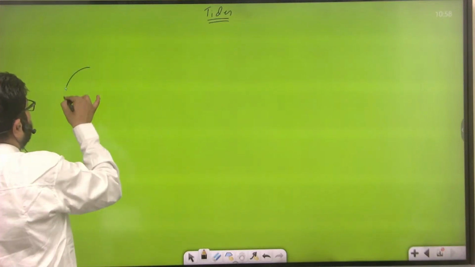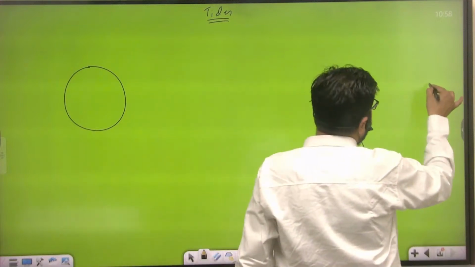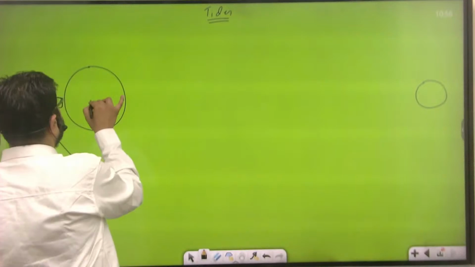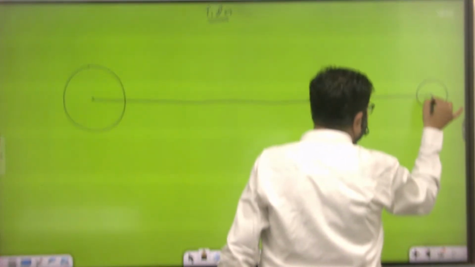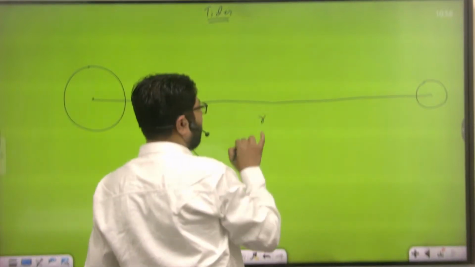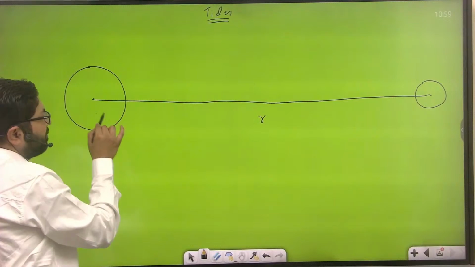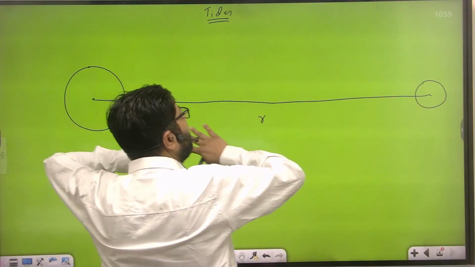Suppose this is Earth, this is Moon, this is Earth center, this is Moon center. Suppose this distance is r. Now, for this size of Earth and this size of Moon, ideally this distance should be very large.